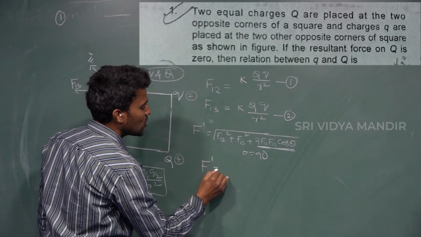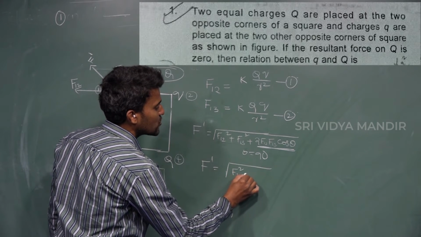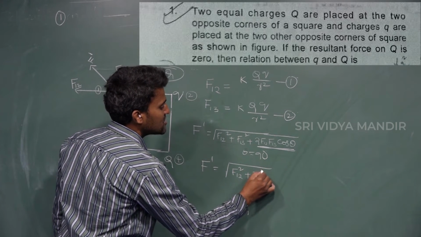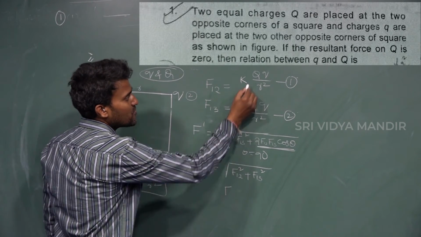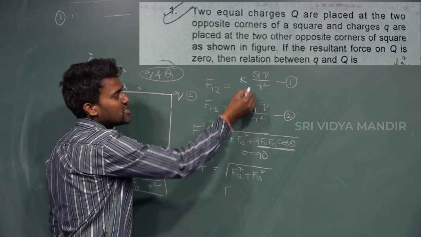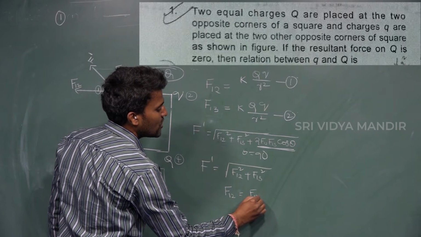F dash is equal to F12 square plus F13 square. According to equation 1 and equation 2, these two are the same, so F12 is equal to F13.